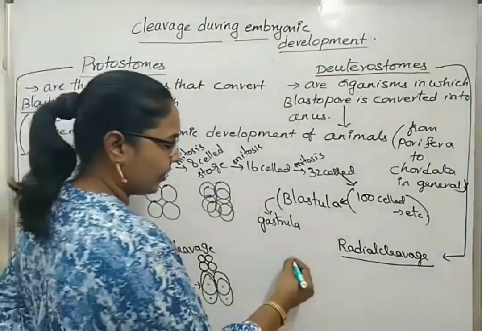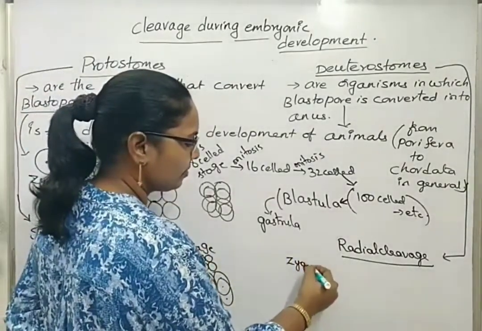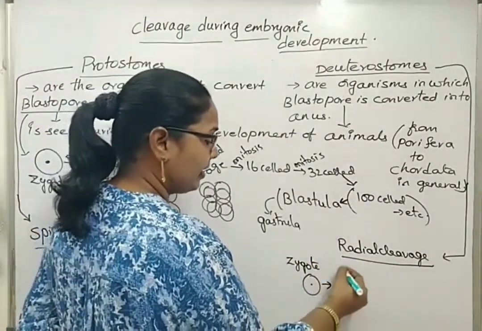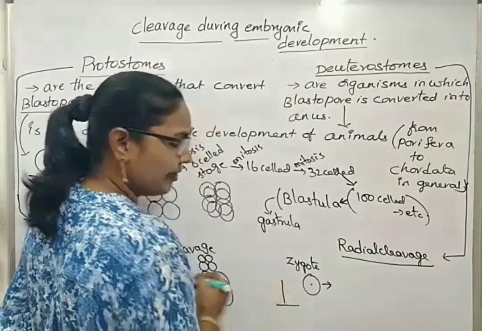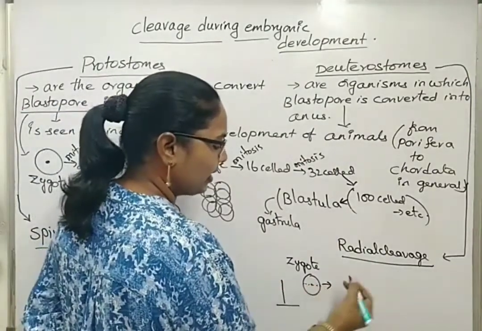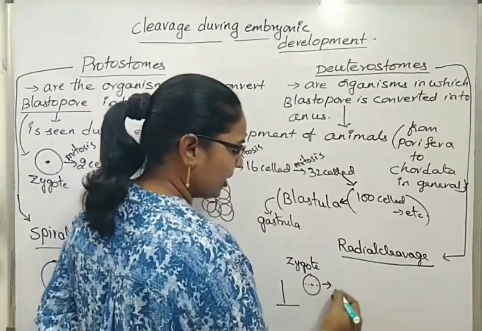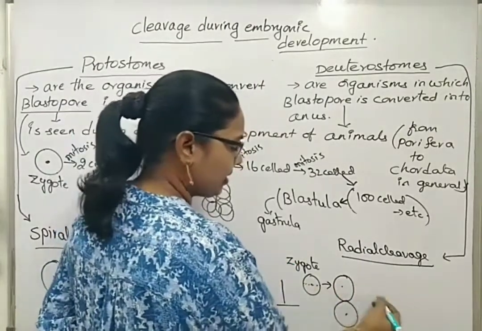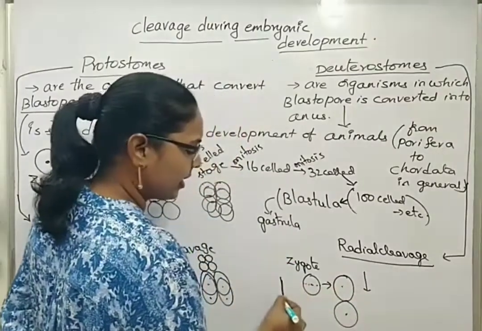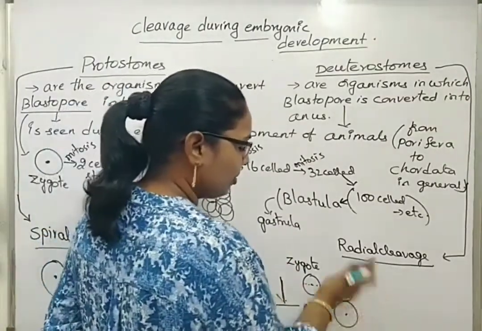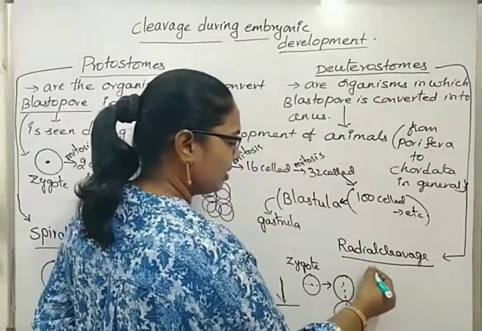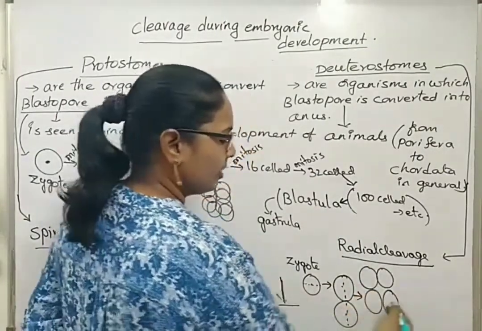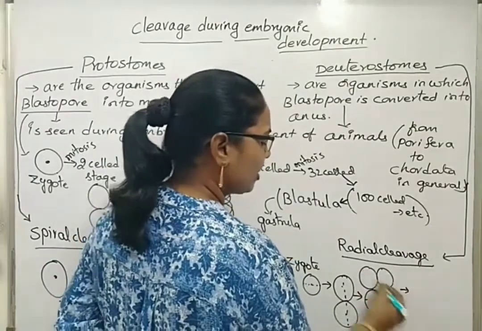In case of radial cleavage, if zygote has to get divided, then it will give perpendicular division every time. Imagine that it has undergone one horizontal division like this. So it will give 2 number of cells. In the next stage, it will give perpendicular, means vertical type of division. So now we will get 1, 2, 3, 4. Again in the next stage, horizontal division.